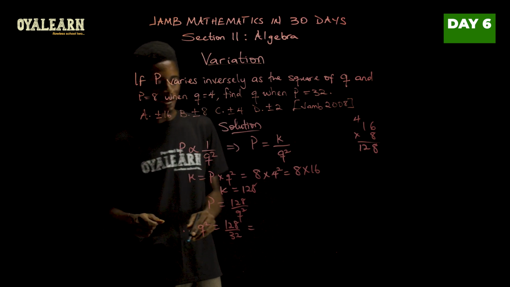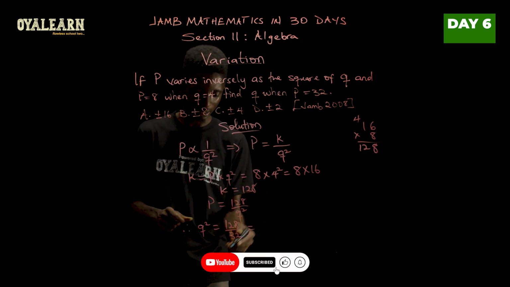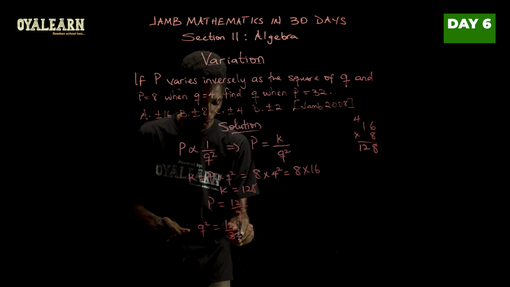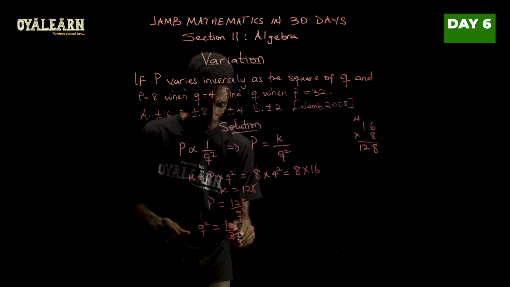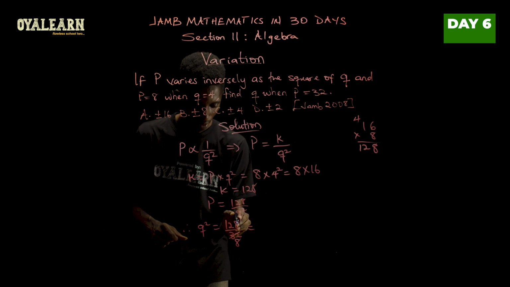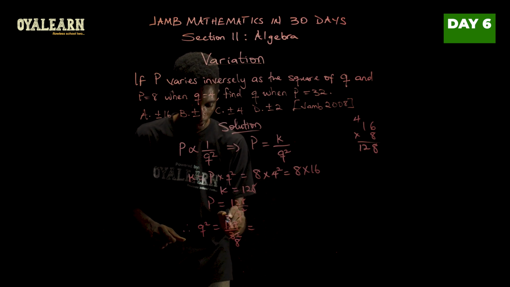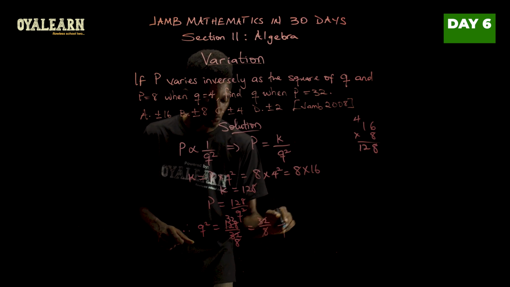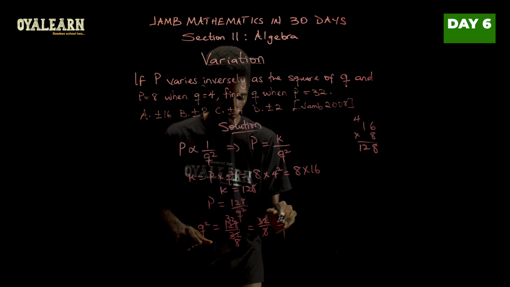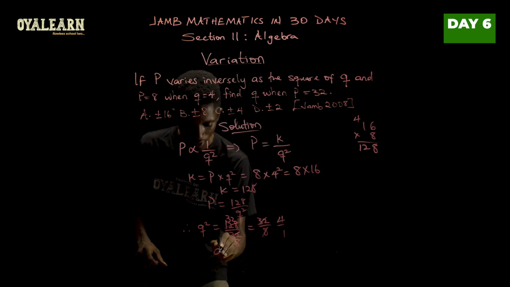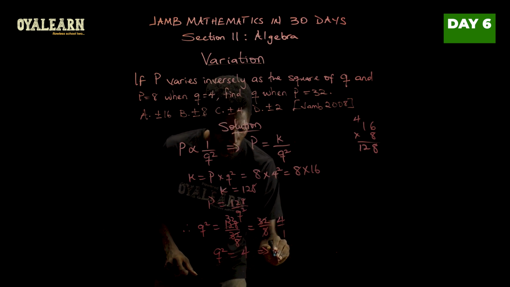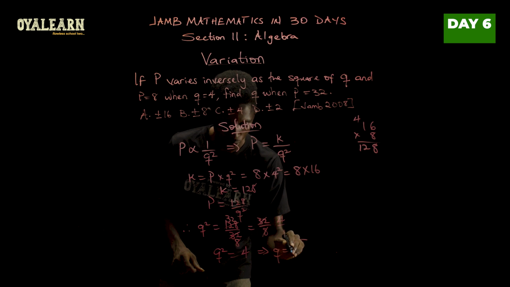Now when we break this down, we can go by 4. 4 into 128 is 32, and 4 into 32 is 8. So we have 32 over 8, and 8 in 32 is 4. So we can now say q squared equals 4, which implies that q equals the square root of 4.